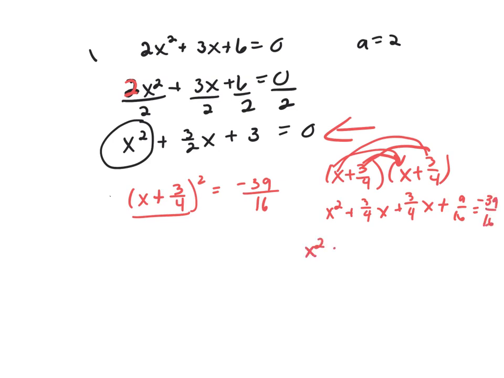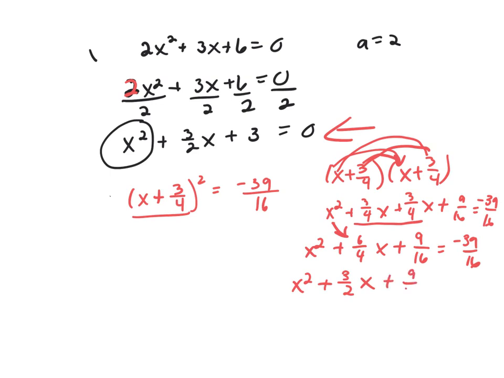So x squared plus, add these like terms, and you get 6/4 x plus 9/16 equals negative 39 over 16. And then reduce the second term, that's x squared plus 3 halves x plus 9/16 equals negative 39 over 16.